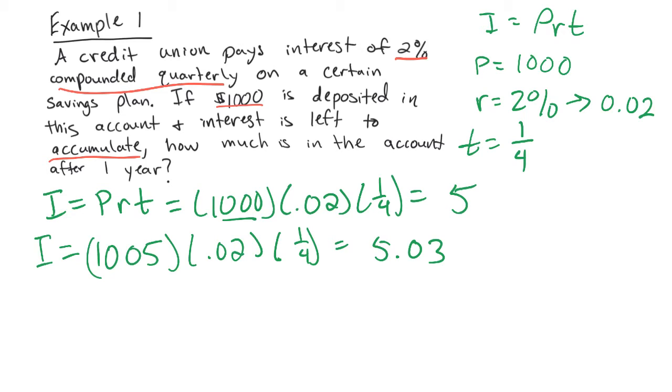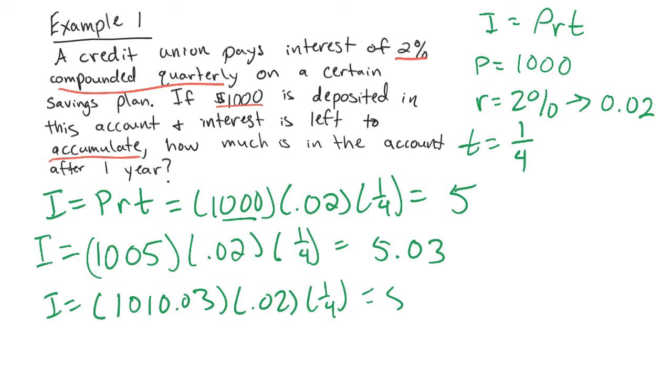So let's plug it all in again. Add the 5.03 to the 1,005. That gives us a new principal of 1,010.03 times 0.02 times 1/4. This gives you $5.05. This is 3/4 of the year, so we have to do it one more time.